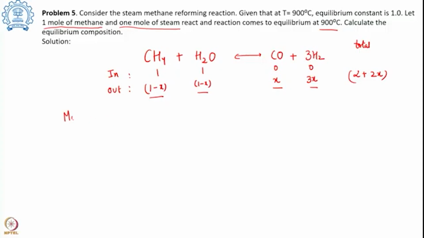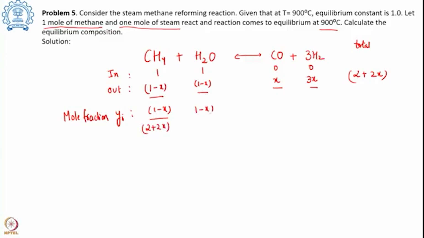So, the mole fraction, represented by yi for species i, we can find by dividing the individual composition by the total.